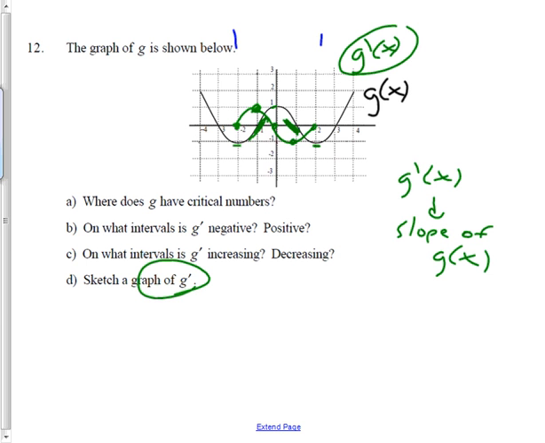Okay, then, what happens when x is greater than 2 and less than 2? Well, looking at the function itself, for all of these values, g of x is decreasing. And for it to be decreasing, it means the slope is negative. So we get a negative slope. And for when x is greater than 2, we've got g of x is increasing, so it's a positive slope.